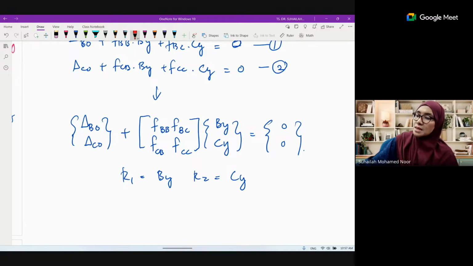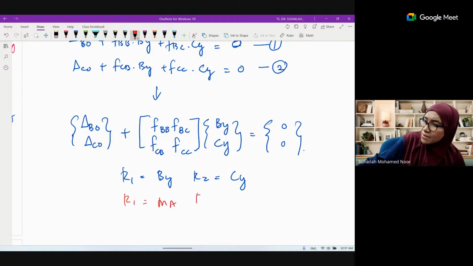Now the redundants will change. This is the first possibility, with B_Y and C_Y as the redundants. We can have redundant 1 as M_A and redundant 2 as B_Y, option number 2.